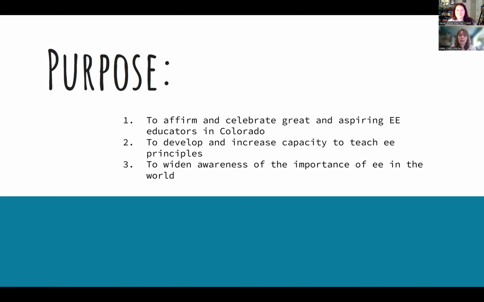We want to increase the capacity for folks to improve their environmental education and instruction. And we want to widen the importance of environmental and outdoor learning in this world by making it a little more credible and having some background around what good environmental and outdoor learning looks like.